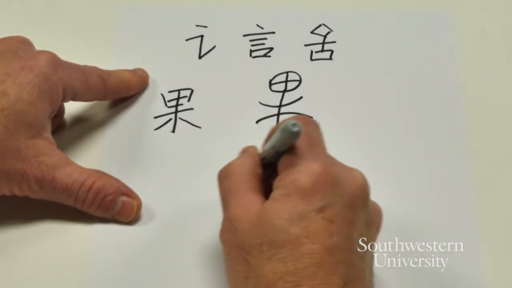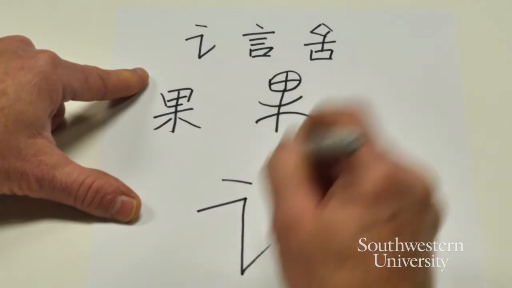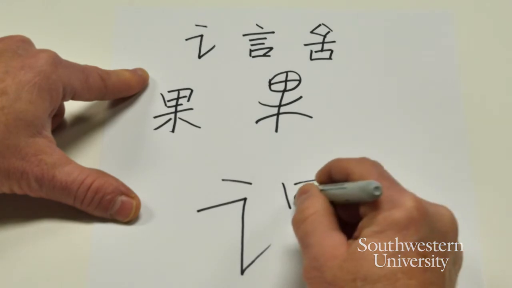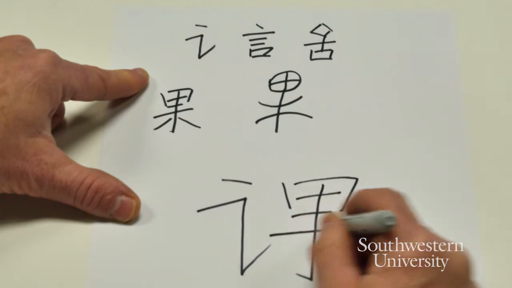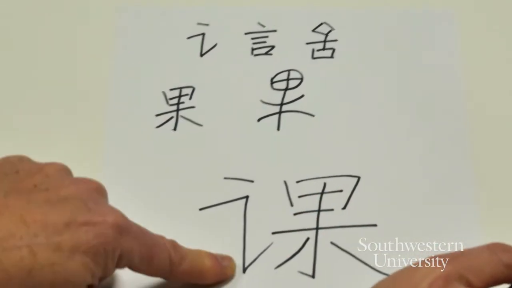So to write the character, dian, hung, shu, go, shu, hung, ja, hung, shu, go, I left that off, hung, pie, na. Now you can see what it looks like. Let me get the stroke order right.